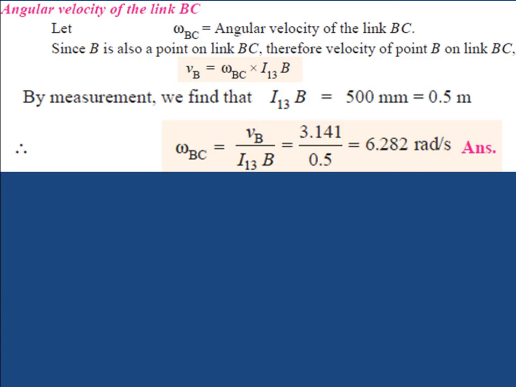So omega BC is nothing but VB divided by I13B. So I13B measurement, from the given measurement you got 0.5 meters, that is 500 mm. So I will place it over here. I13B value 0.5. So VB already I got the value. So omega BC becomes 6.282 radians per second. Okay, so like this you can solve the problem.